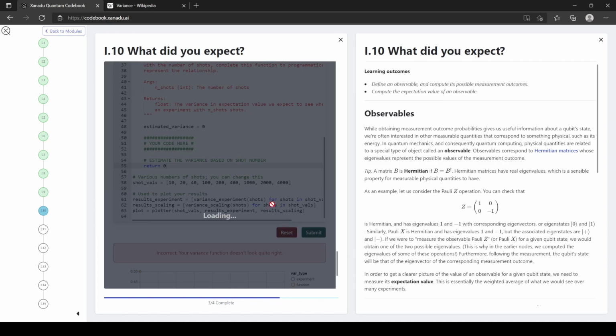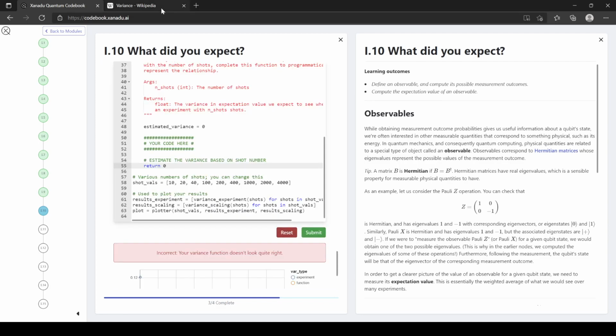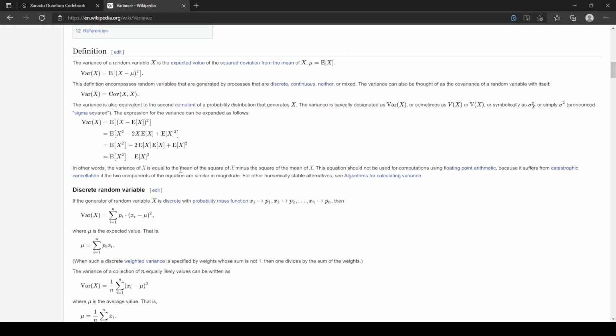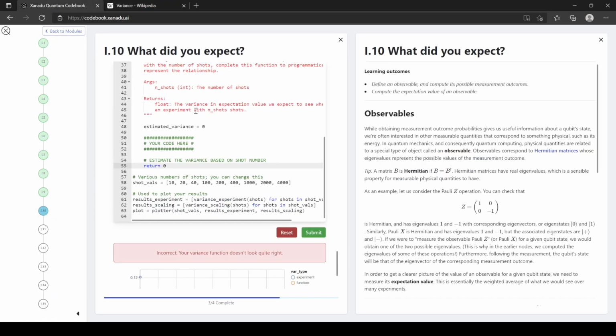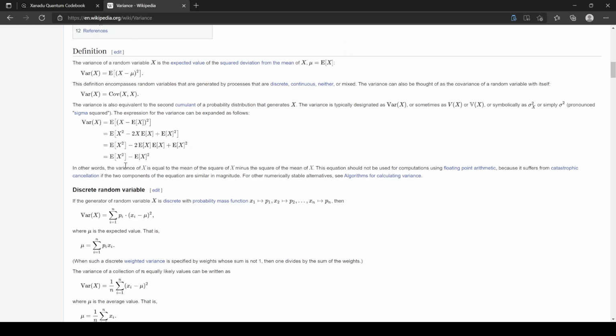And then if we have this equation where we have the expected value of x squared minus the expected value of x, squared, this part is 0 because the expected value of x is 0. However, this part is not going to be 0 because on average we have 0 to 1.